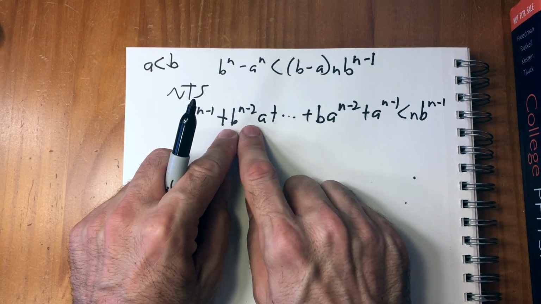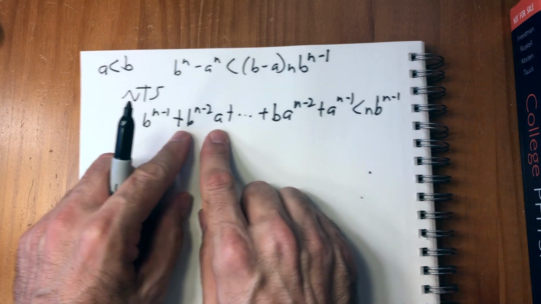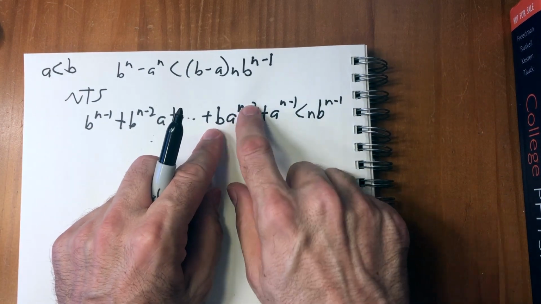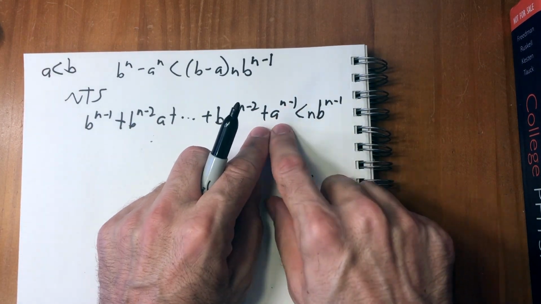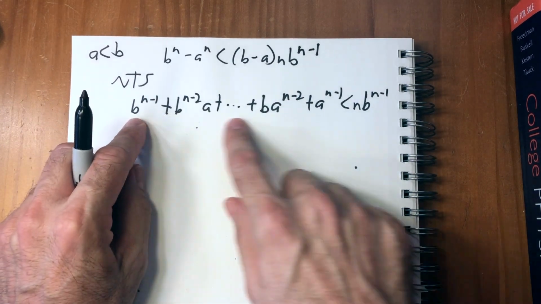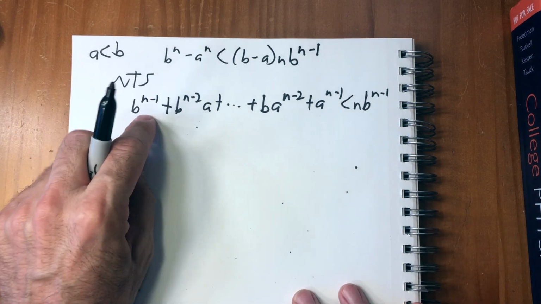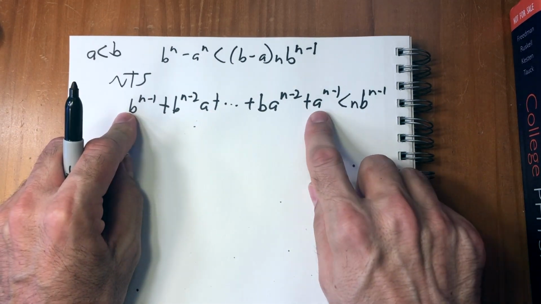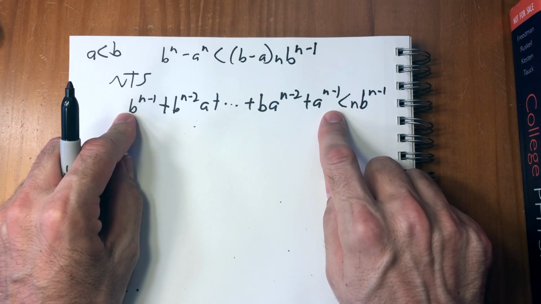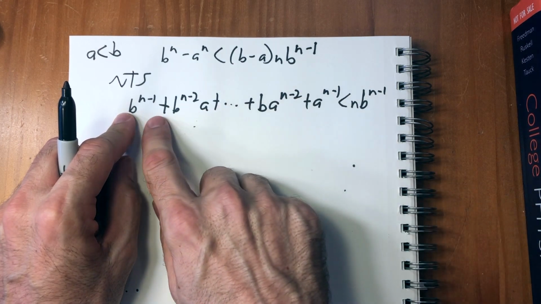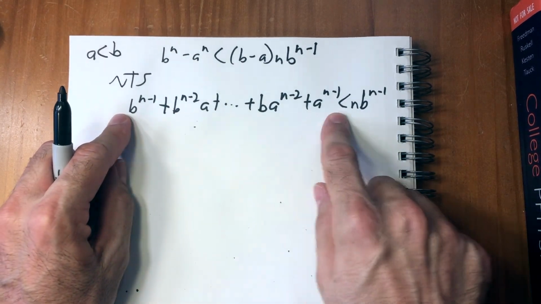This term is b to the n minus 2 times b, which is b to the n minus 1. This is b to the n minus 1, and this is b to the n minus 1. So you have n of these terms. And the reason is because you start with b to the n minus 1, but you're counting down to b to the 0, right? So there's actually 0, 1, 2, 3, up to n minus 1. So there's n of these.